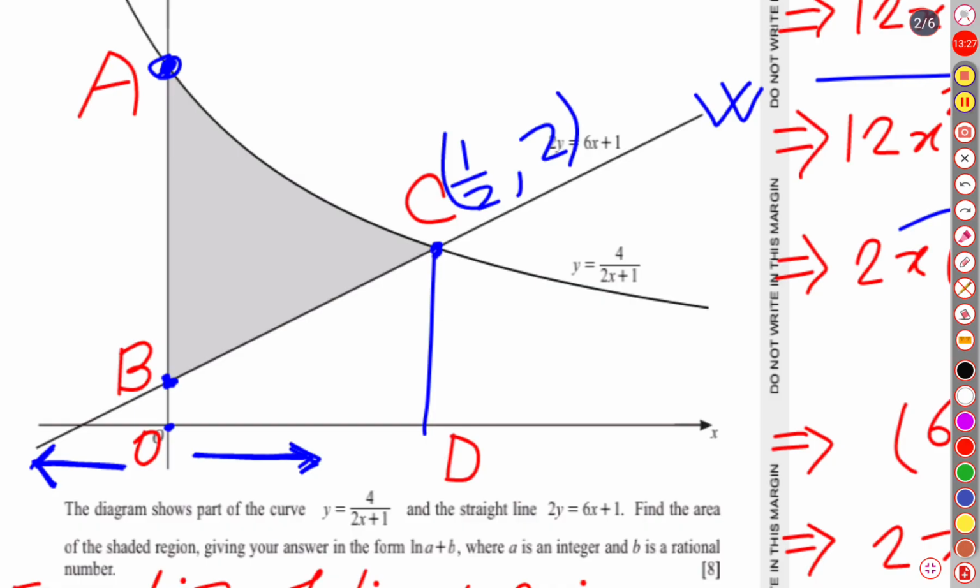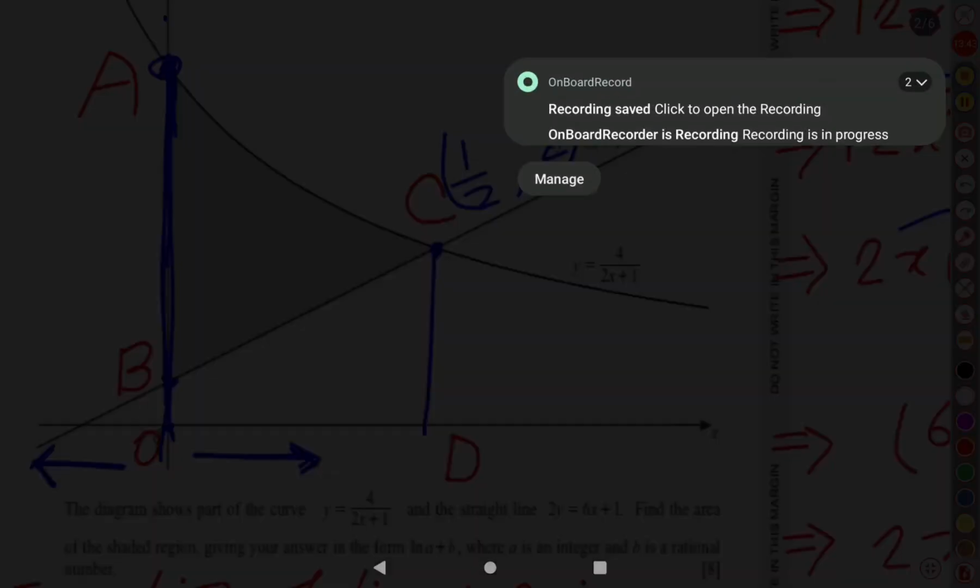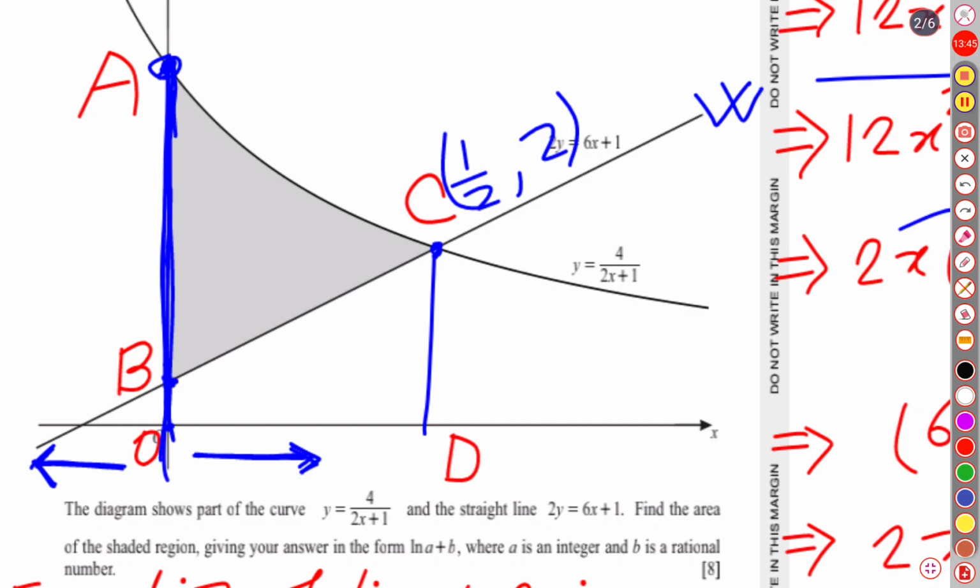Now anywhere on this axis, the coordinate of x is 0. X coordinate is 0 here. So if x coordinate is 0, we can find the corresponding y coordinates. So once again I am telling that on this y-axis, all the values of x coordinate is 0.